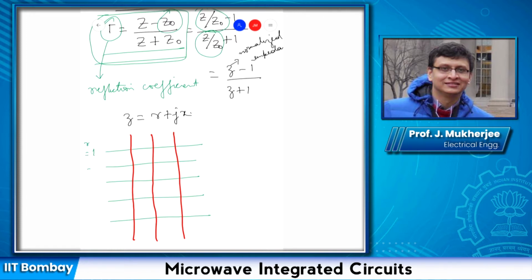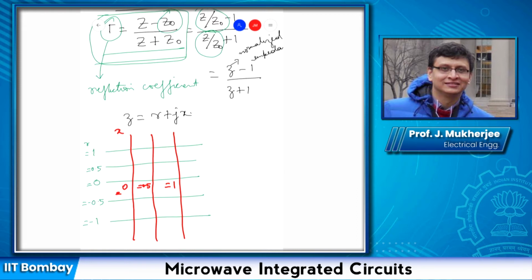This represents 0.5. This represents 0. This represents minus 0.5. And this represents minus 1. Similarly, say this line represents x. So this is x equal to 0. This is x equal to 0.5, and this is equal to 1.